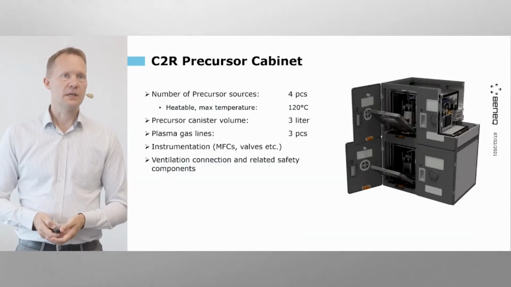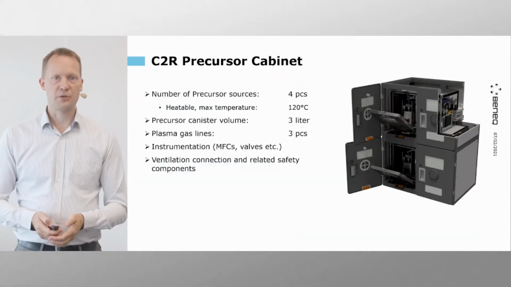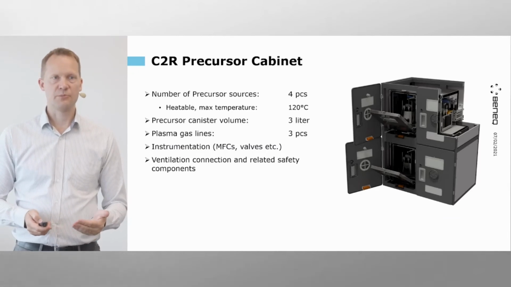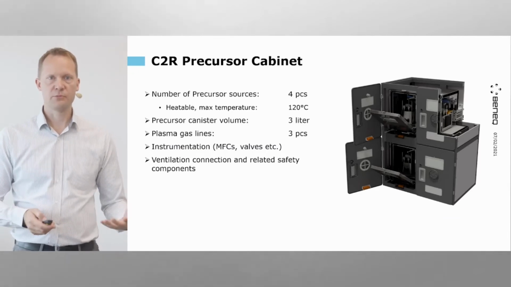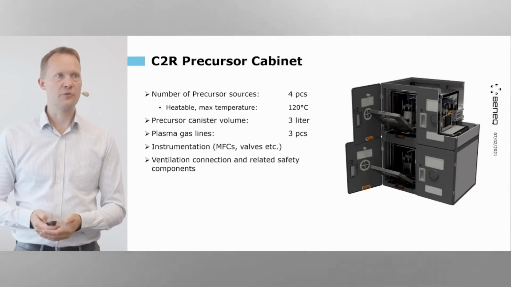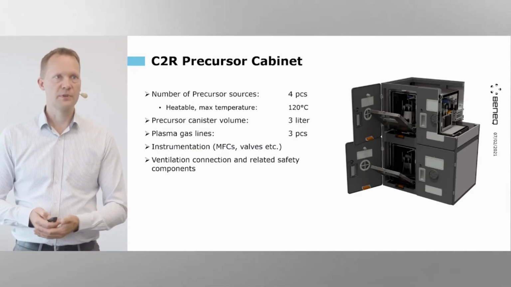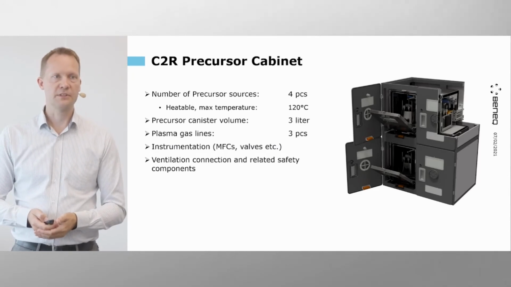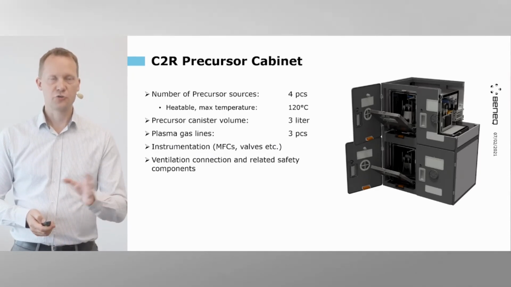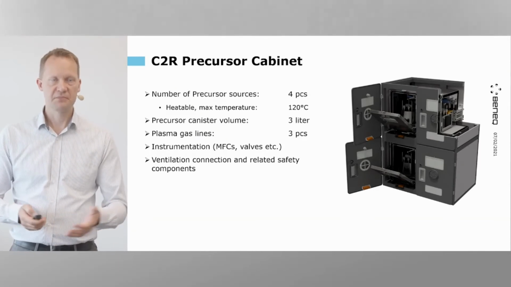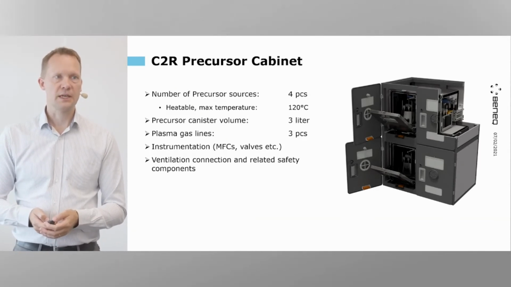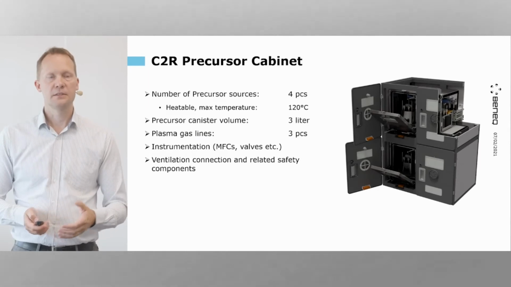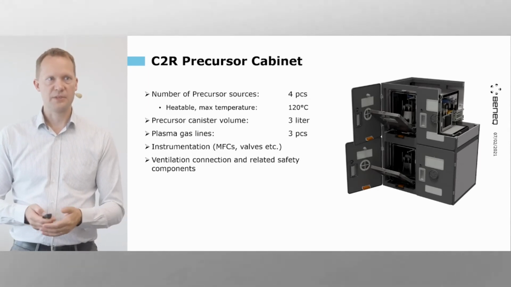All right. Another important part of the ALD system is the precursor delivery, so that these chemicals are doing all the job for us. So this is where they come from. In this C2R system, we have 4 canisters for the liquid precursors, and additionally 3 gas lines for the plasma.